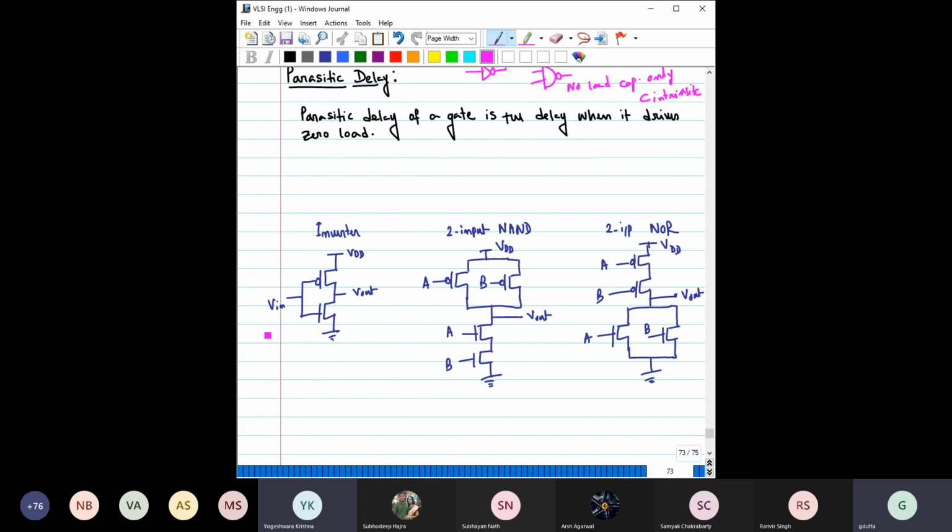Now again we have considered the ratio of PMOS to NMOS as 2:1, so that makes this 2, this 1. Then can you comment on what the parasitic capacitance would be for this inverter?